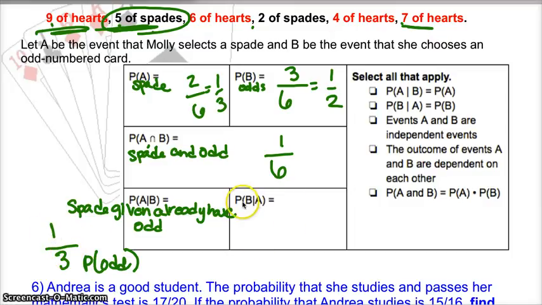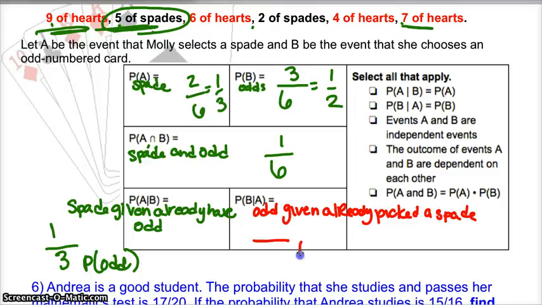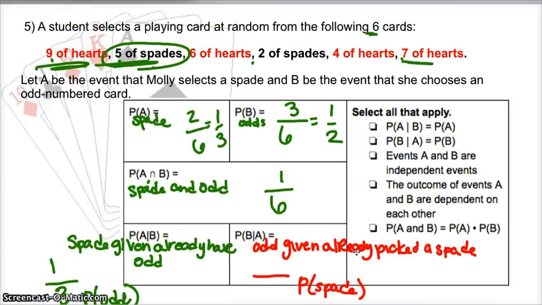This one is asking it a little bit backwards. It says, what's the probability of you selecting an odd given that you've already selected a spade? So now we're going to start by limiting all of this to the probability that we pick a spade.